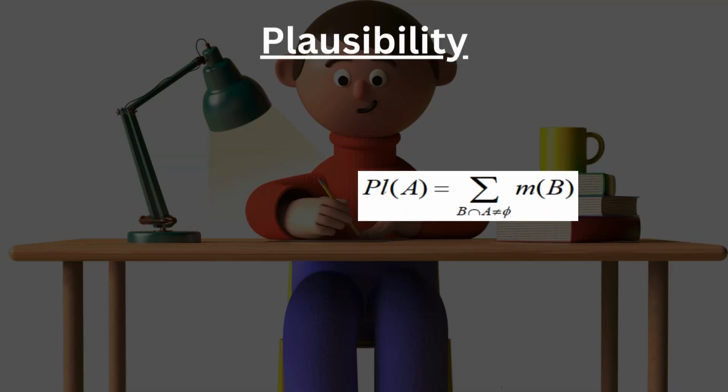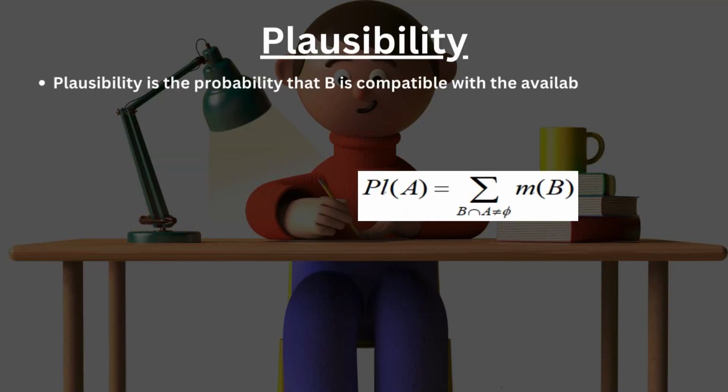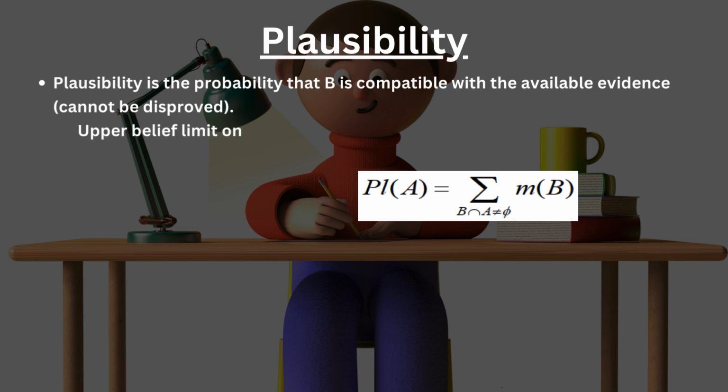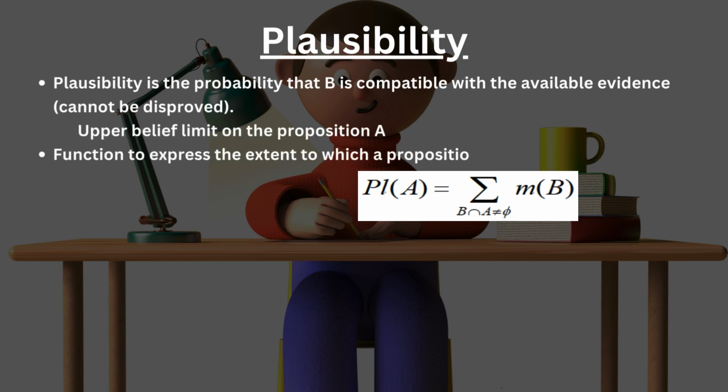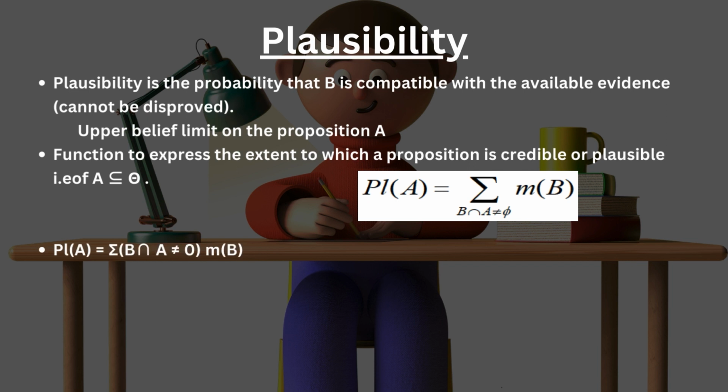So, in summary we can say that the belief function, which is represented in short form as BEL, is a tool to express confidence in propositions based on evidence. Its properties ensure consistency and reflect our certainty or uncertainty about different situations. There is another term that we will be using regularly, that is plausibility. It is the probability that a proposition is compatible with the available evidence.